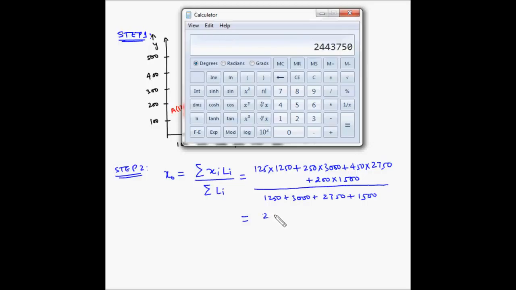So this is 2443750 divided by 1250 plus 3000 plus 2750 plus 1500, which is 8500.